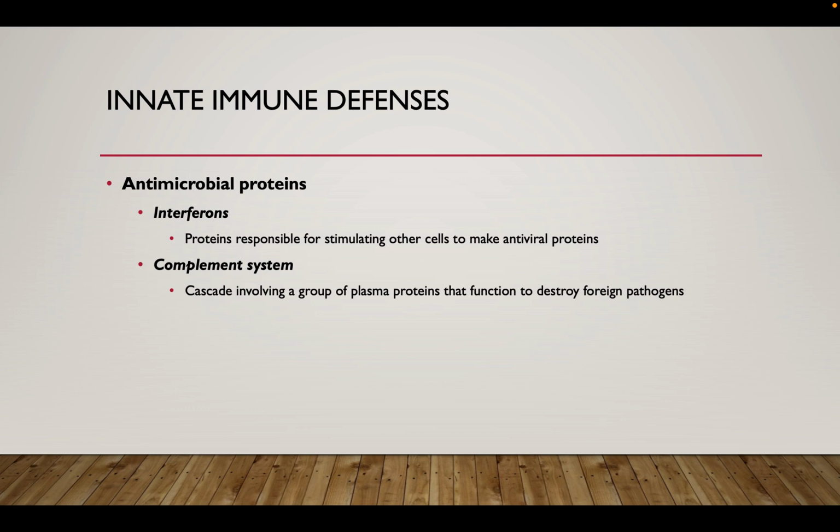Okay. Now, the second one, the complement system. This complement system is a long series of proteins that undergo changes throughout this process. One protein results in a change to the next protein, and it results in the change to the next.